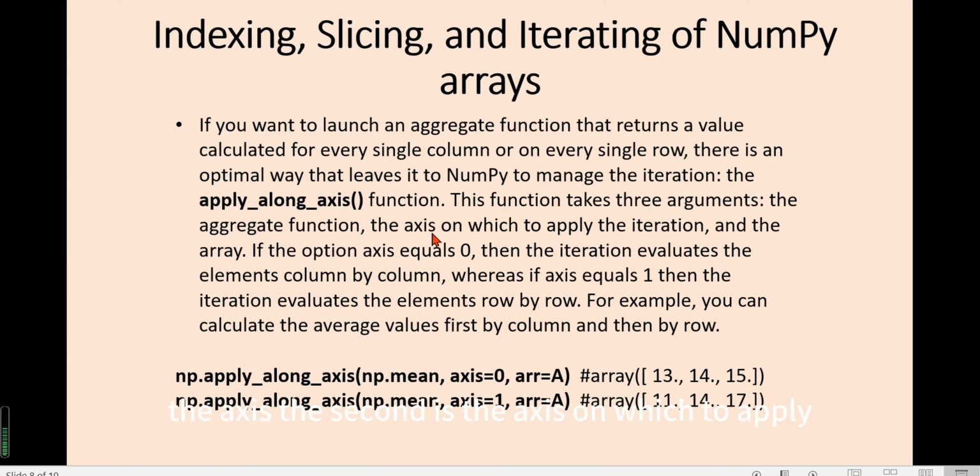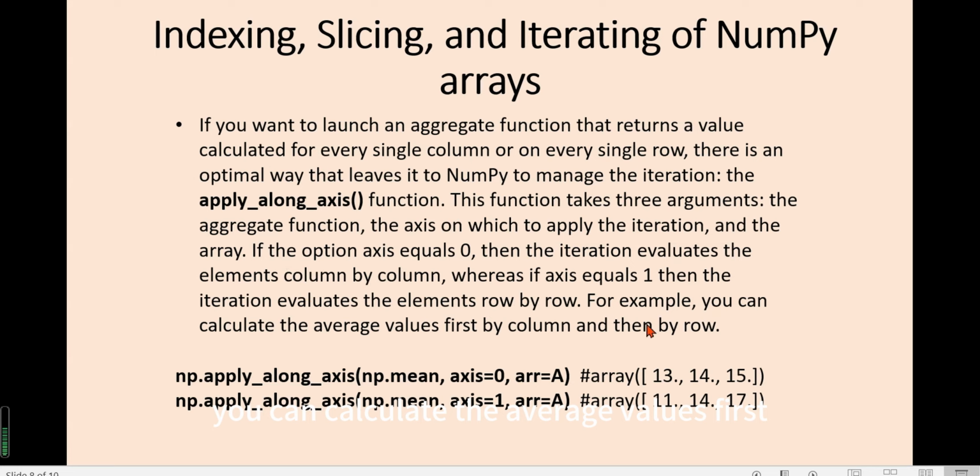The second is the axis on which to apply the iteration, and the third is the array. If the axis equals 0, then the iteration evaluates the elements column by column. Whereas if axis equals 1, then the iteration evaluates the elements row by row.